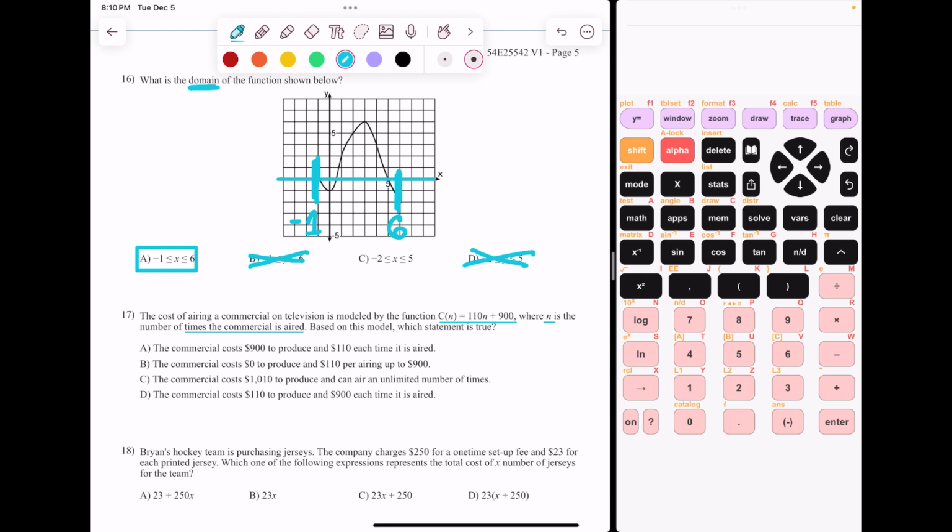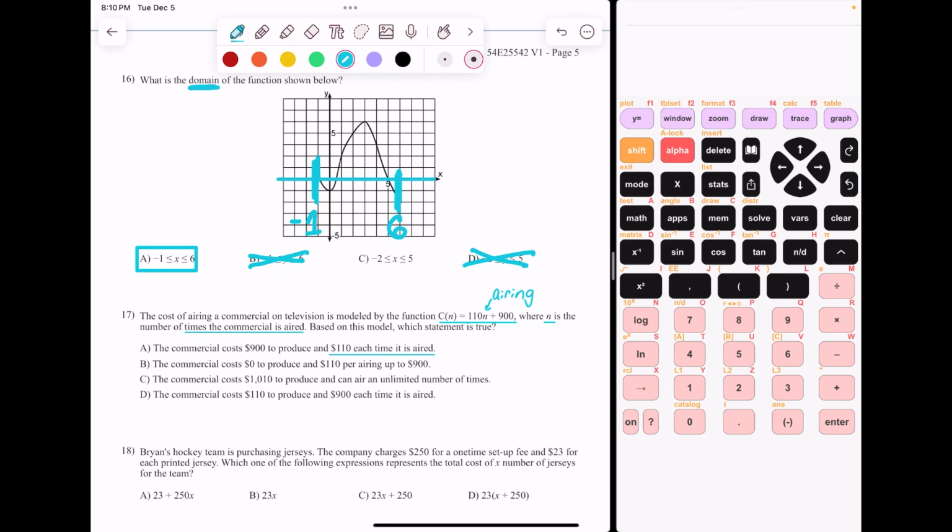Based on this model, which statement is true? A, the commercial costs $900 to produce and 110 each time it is aired. All right, let's just break down the formula a little bit more. 110n, and we know n has to do with airing. So I want something that says something about 110 each time it's aired.